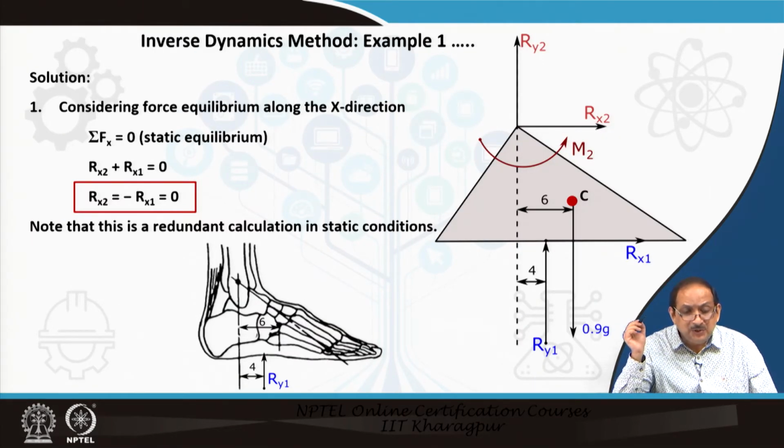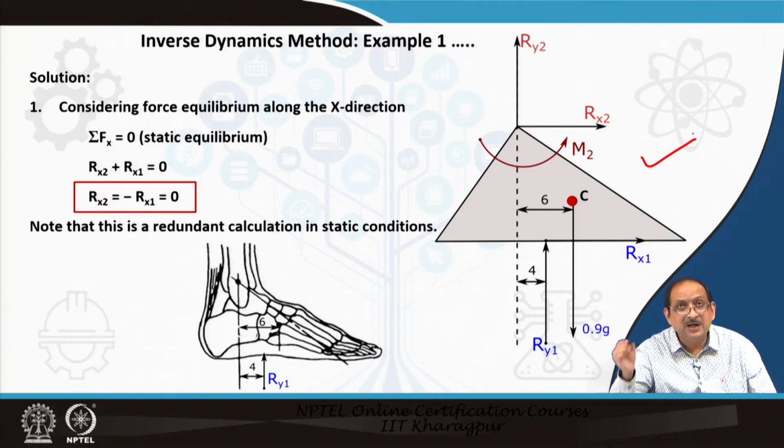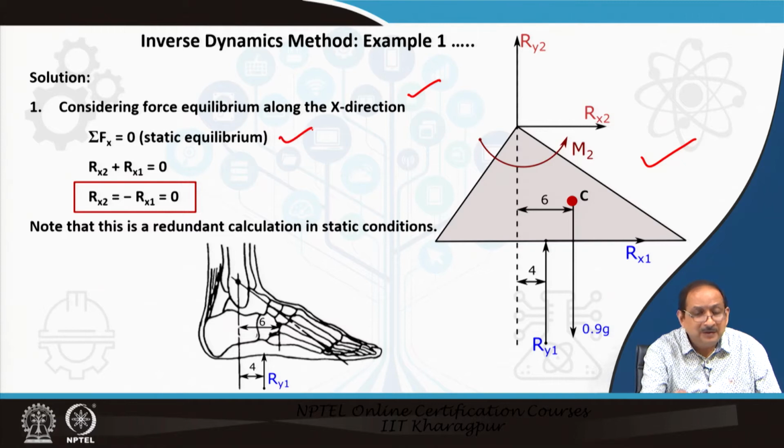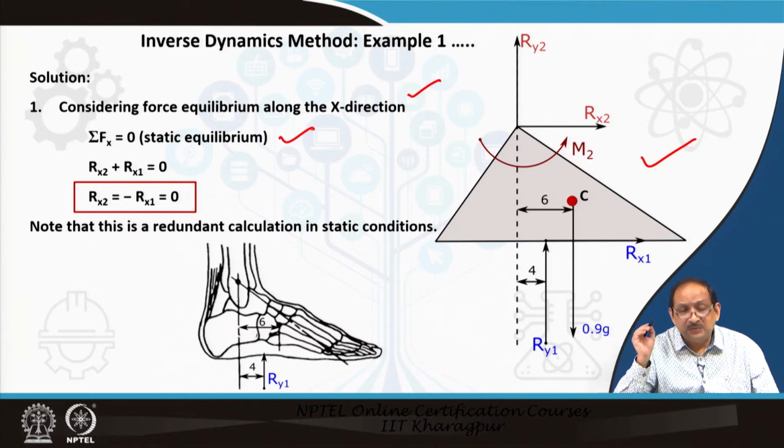So, let us come to the solution. Step number 1, we again consider the free body diagram of the foot, and considering force equilibrium along the x direction, summation of all the forces along x direction is equal to 0.